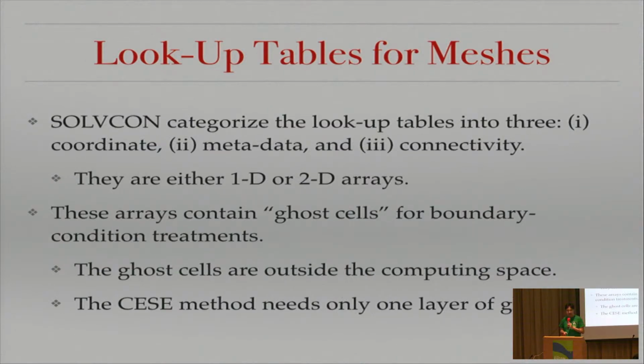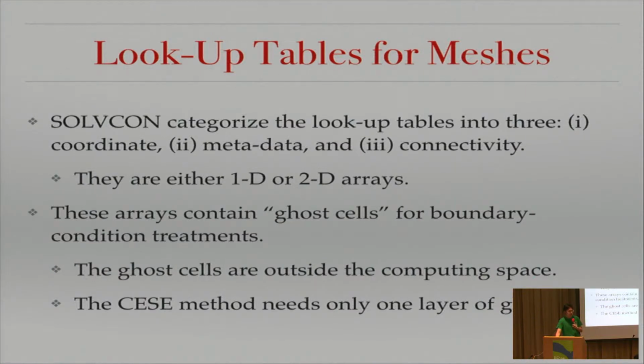But before we can have the niceness, let me say that for parallel computing, we need to have the data structure. In SOLVCON, or in most unstructured mesh data structures, they are using lookup tables. And there are 3 categories of those mesh lookup tables. The first is storing coordinates. The second is storing some metadata.